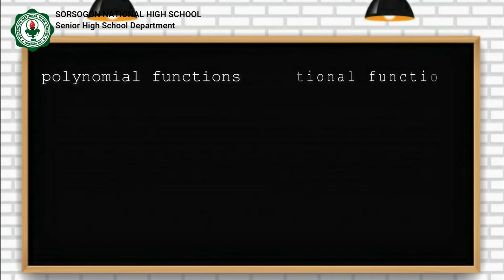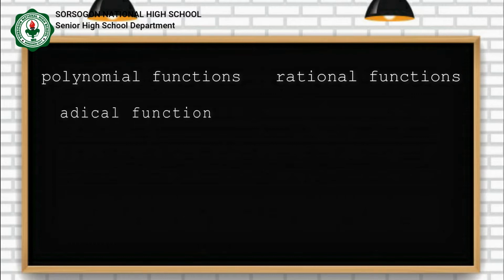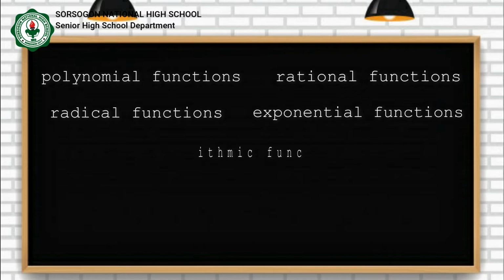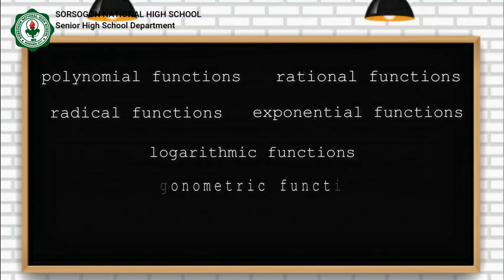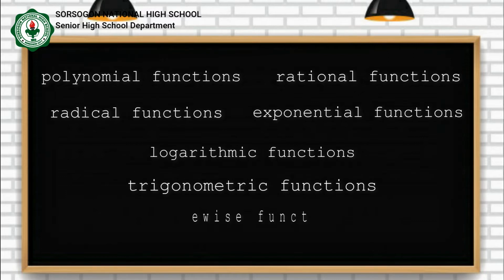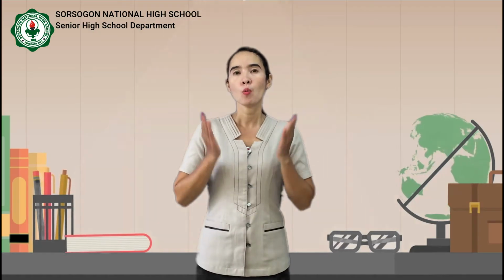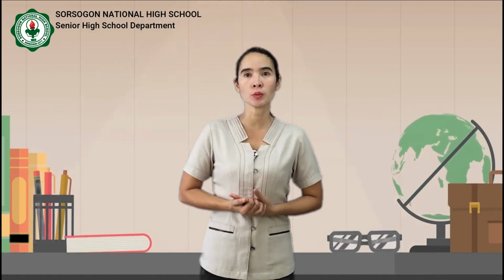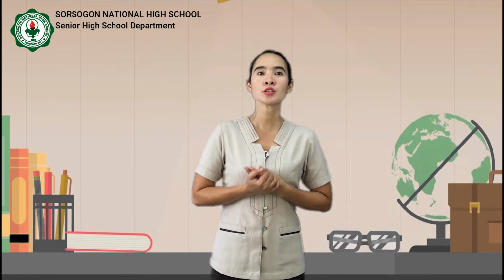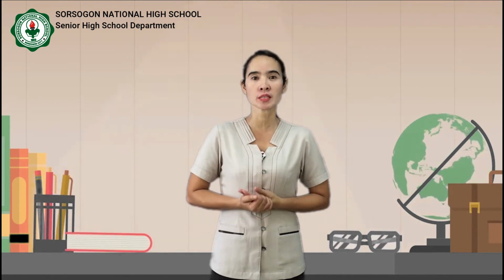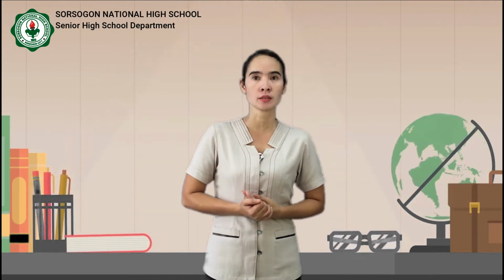Some examples include polynomial functions, rational functions, radical functions, exponential functions, logarithmic functions, trigonometric functions, and piecewise functions. One problem which we must solve along function is to determine whether the given representation is a function or not.